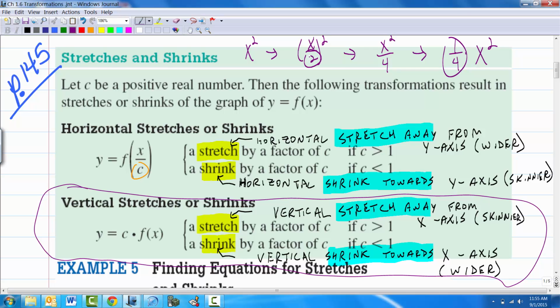Well, look at what happens mathematically. X over 2 is 1/2 x, or that turns into x squared over 4, which is 1/4 x squared. And what does 1/4 out in front represent? A 1/4 in front represents a vertical shrink. So there you go. Lo and behold, a horizontal stretch turned into a vertical shrink.